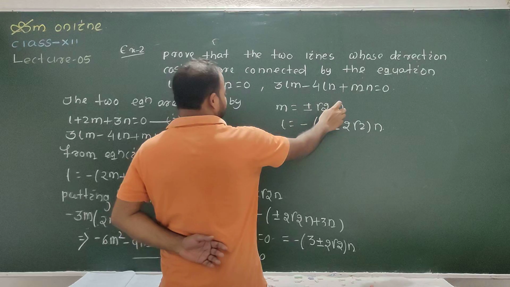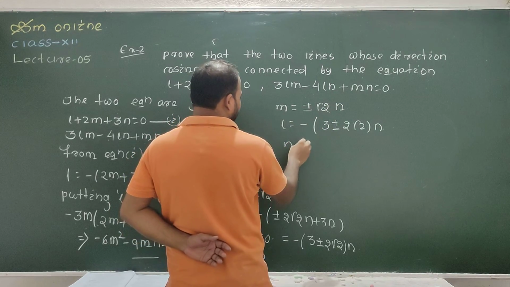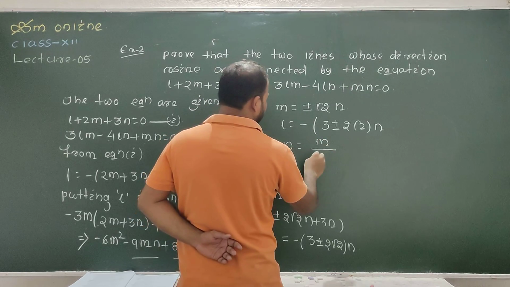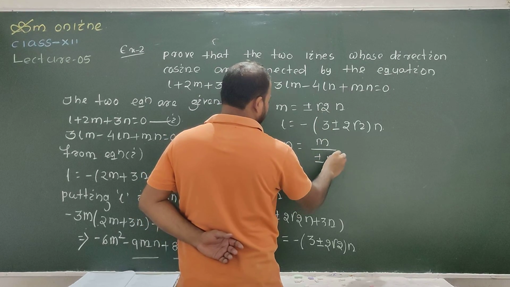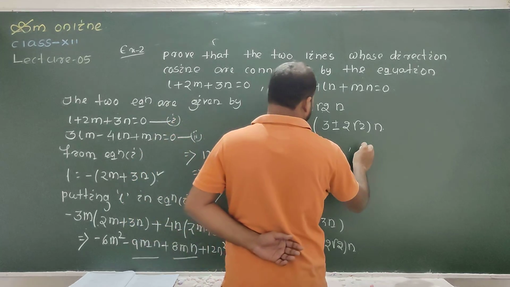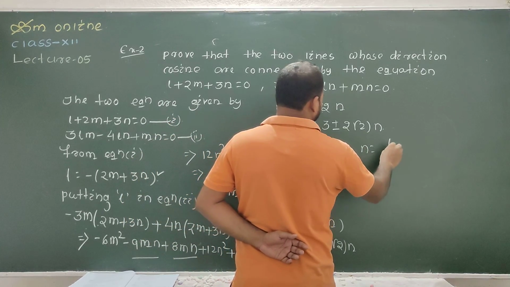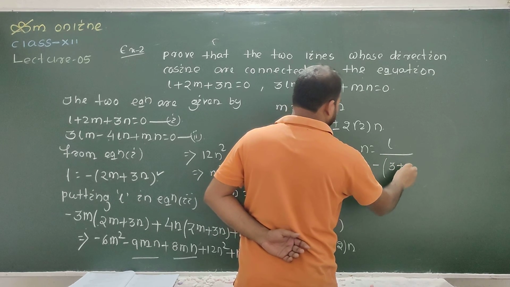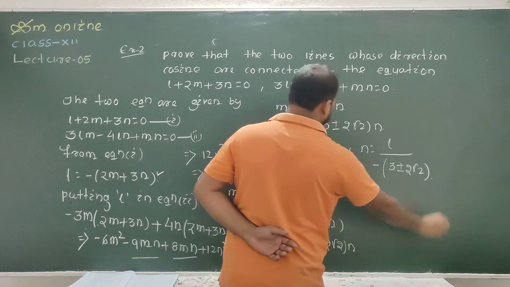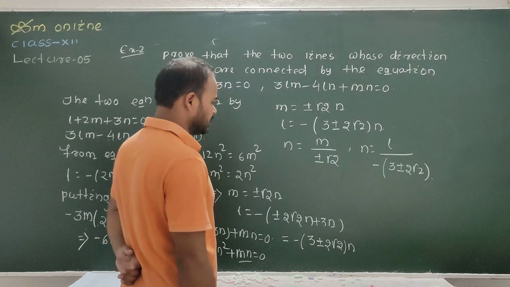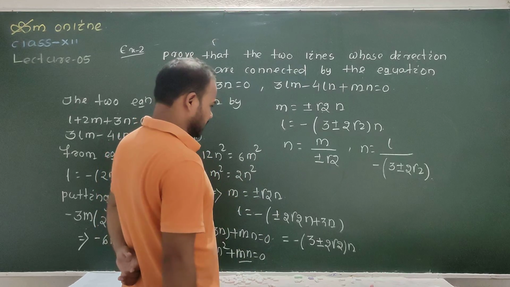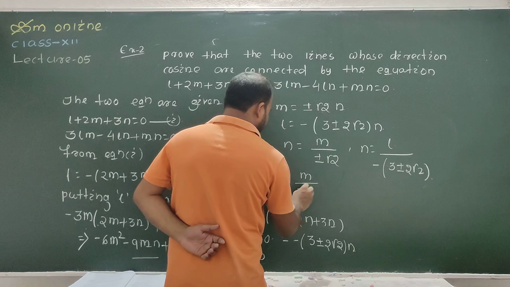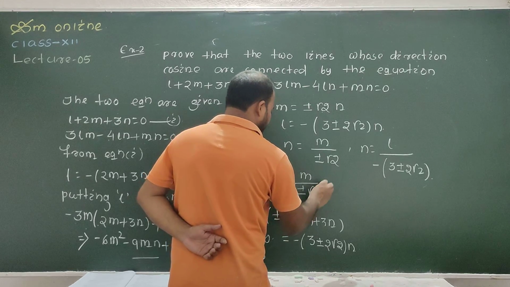We have here n equal to m upon plus minus root 2, and here also m equal to l upon minus of 3 plus minus 2 root 2.